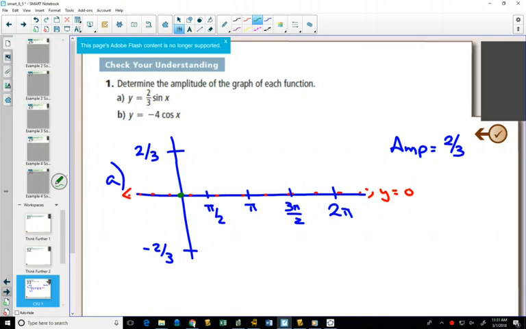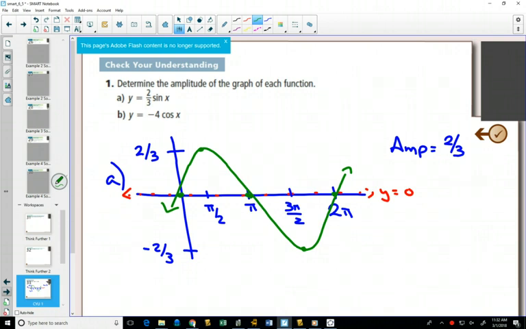So it goes from center line to maximum, back to center line, to minimum, back to center line. And we can draw our graph going through those points. One of the things that we're going to find out in this unit is that whatever your vertical stretch or compression, whatever your value in front of your sine or cosine, will always match up to be the amplitude.